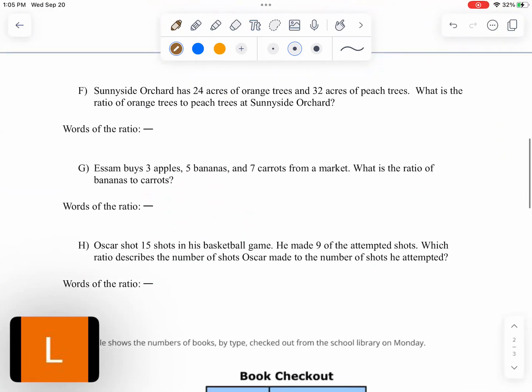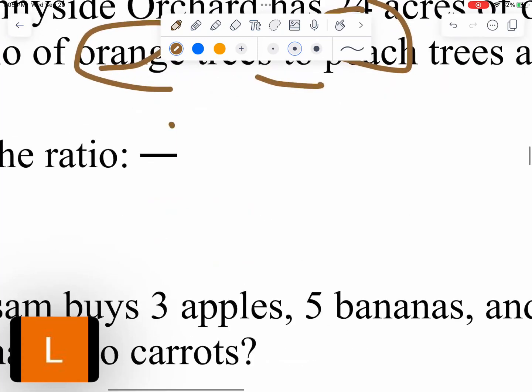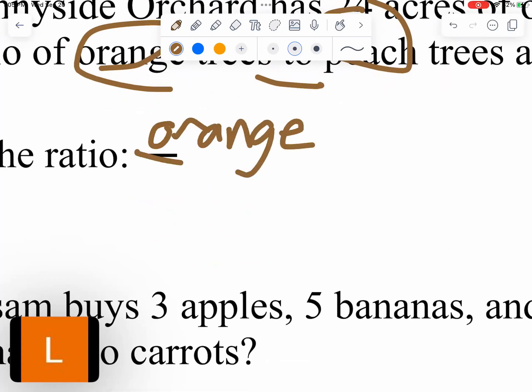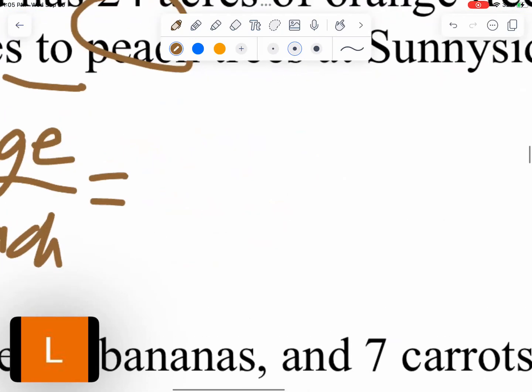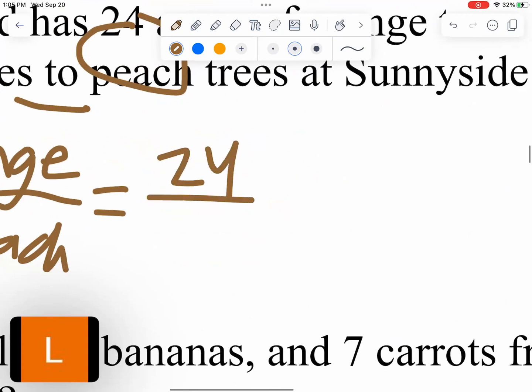All right, second page. Sunnyside Orchard has 24 acres of orange trees and 32 acres of peach trees. What is the ratio of orange trees to peach trees? So we have orange over peach. Okay, so our orange tree acres is 24, and our peach tree acres is 32.